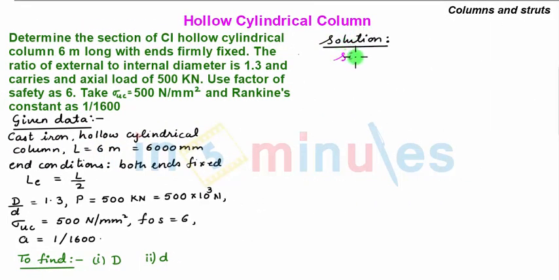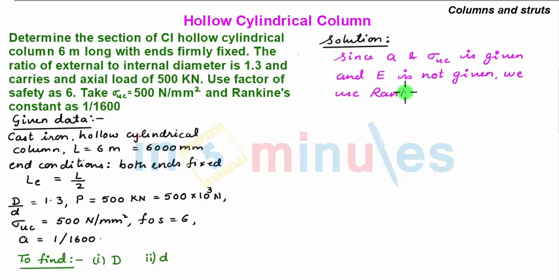Now since your Rankine constant A and ultimate crushing stress sigma UC are given, as well as your Young's modulus E of this cast iron hollow cylindrical column is not given, we use the Rankine formula.